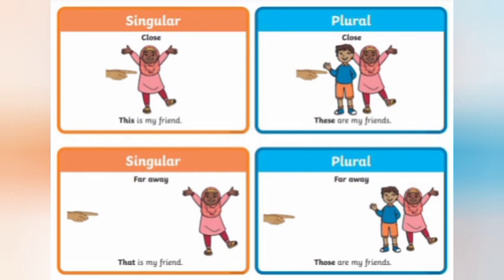If the thing is single and near, then this. If it is plural, then these. Again, for far, if it is single, then we use that, and if it is plural, then we use those. So in this way we use this, that, these, those, because these are the main four examples of the demonstrative adjectives.